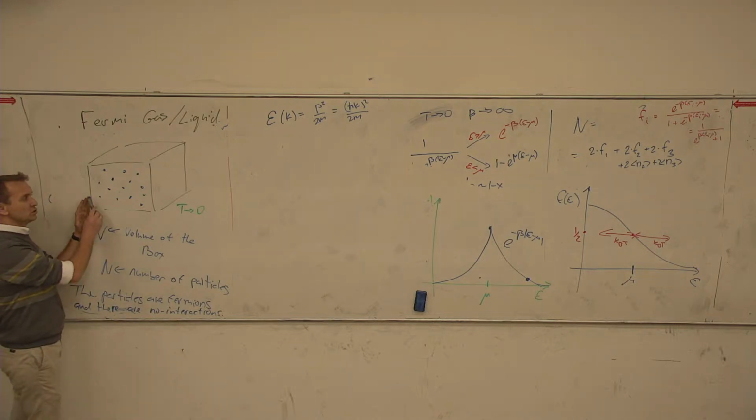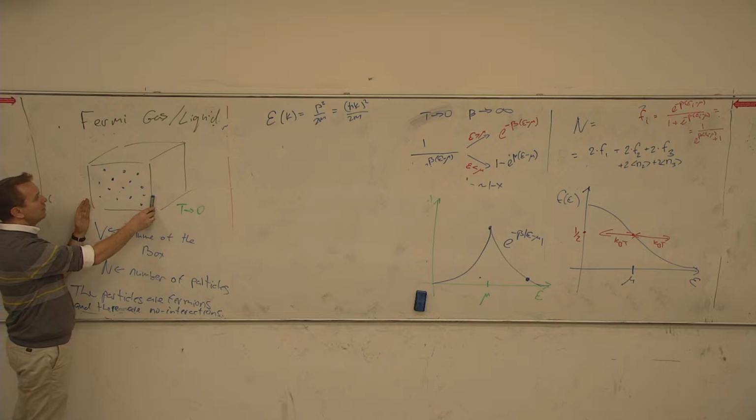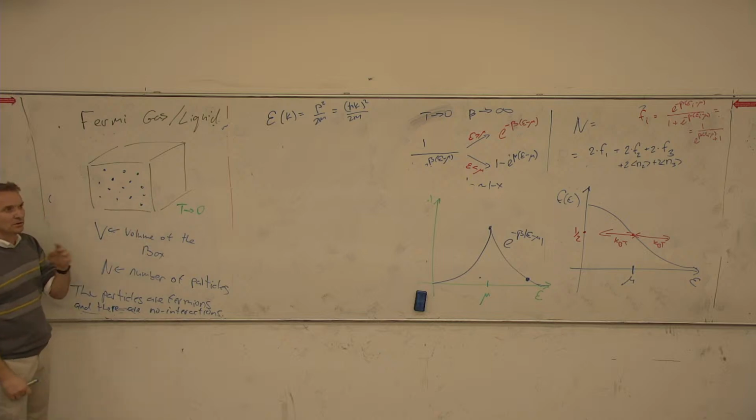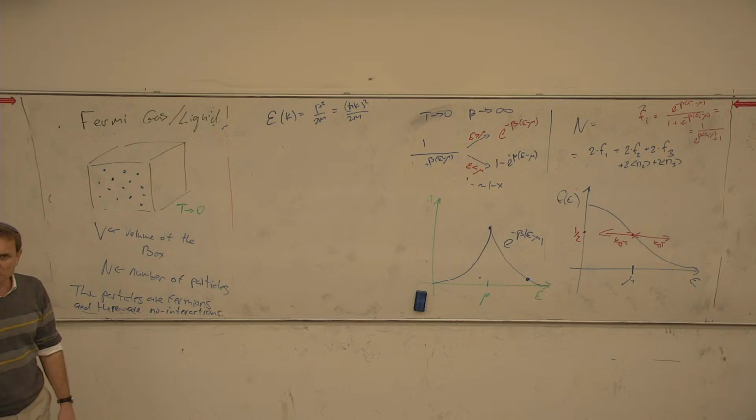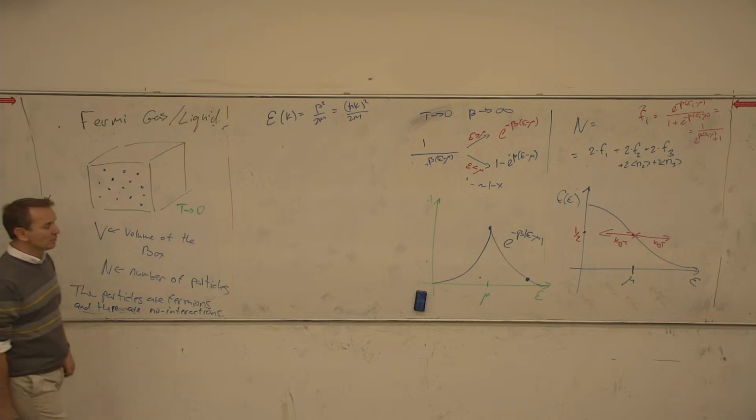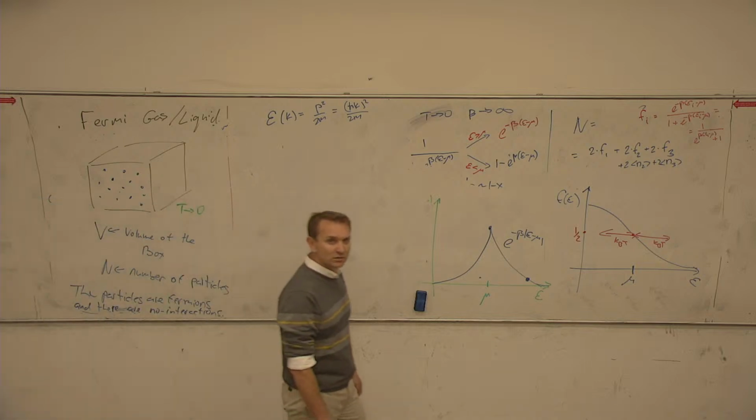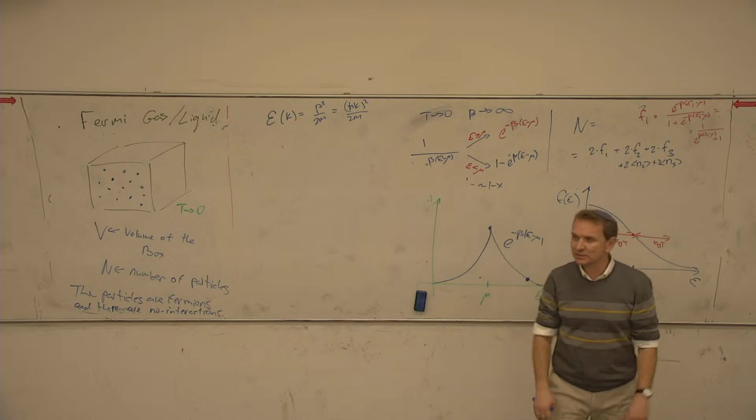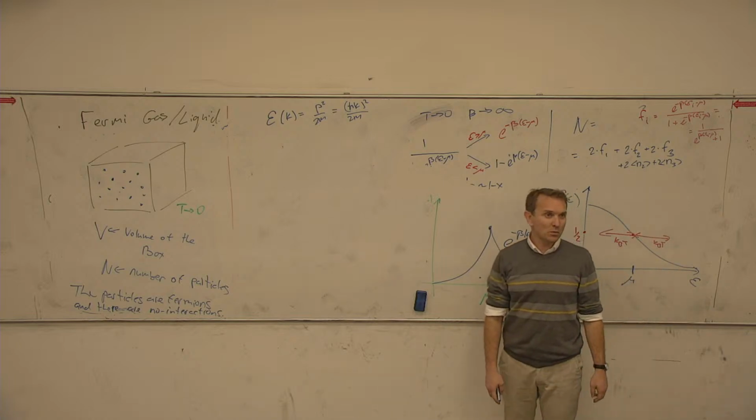But since we are constructing the system such that the particles do not get out of this box, there are boundary conditions, okay, for those waves. And the boundary conditions basically state that it's not just any wave inside the box, but only standing waves. Why?